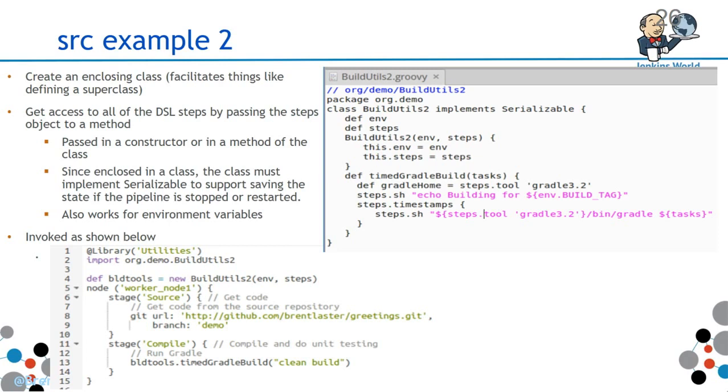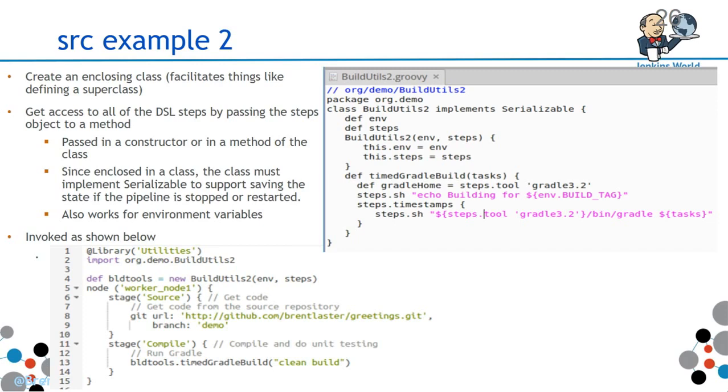And so you can actually then pass in the constructor, a few lines up. Def build tools equals new build utils2 environment steps. Line 4 in the printout there. That's the constructor where we're passing in the environment and steps object from the script so that then our library routine has that.